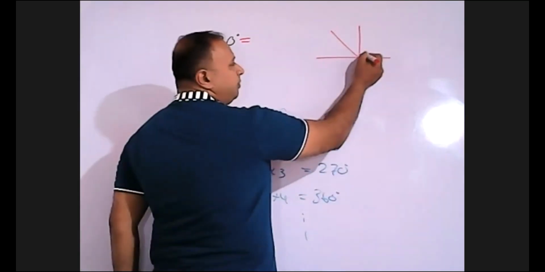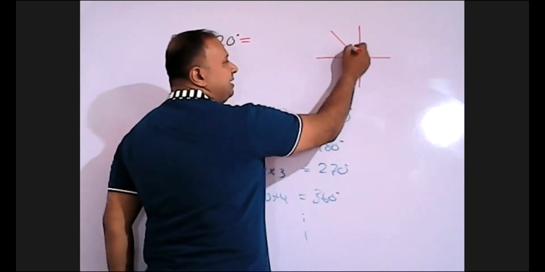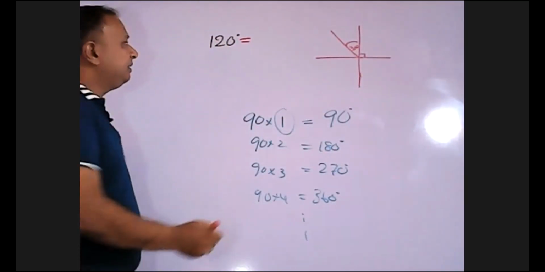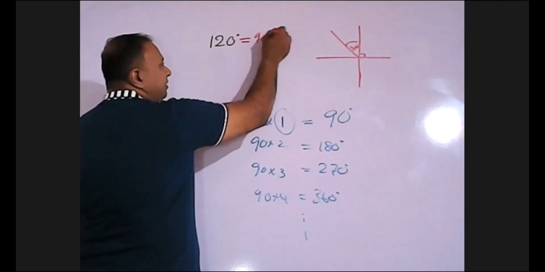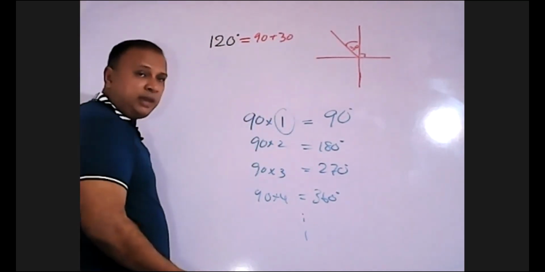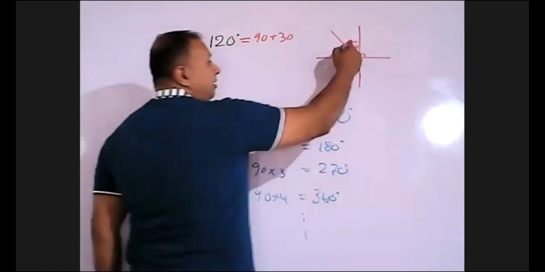So 120 can be represented as 90 plus 30.